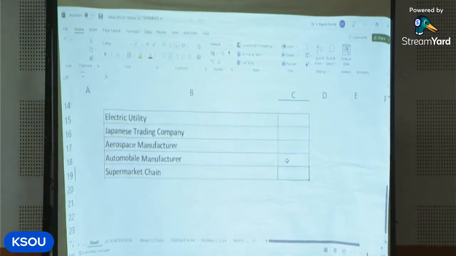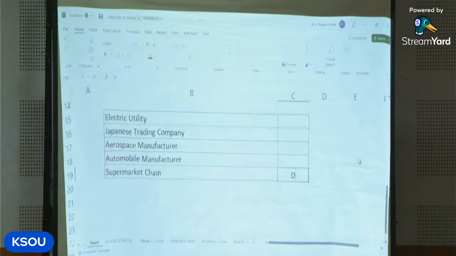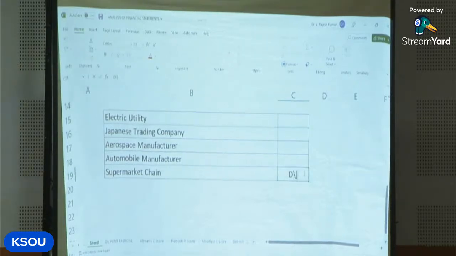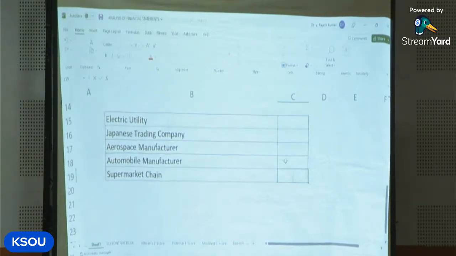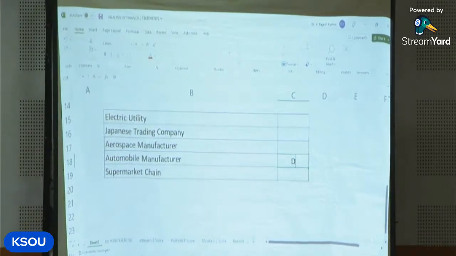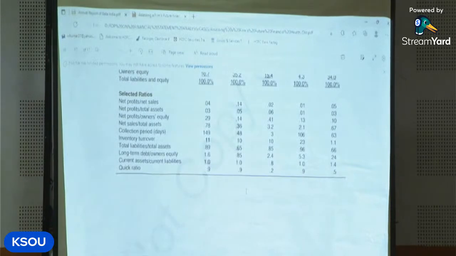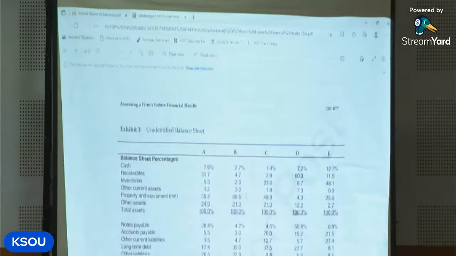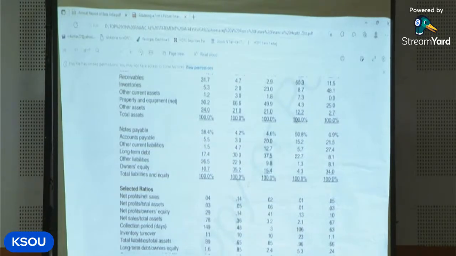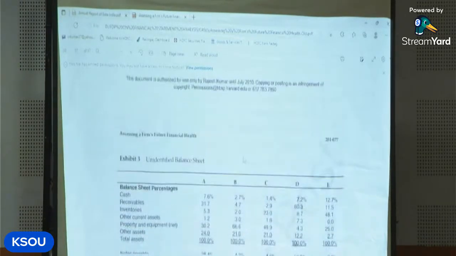Sir, you said D is automobile. Criteria used is inventory. Okay. Electricity, receivables. Okay, let us see. Electric utility. Okay.